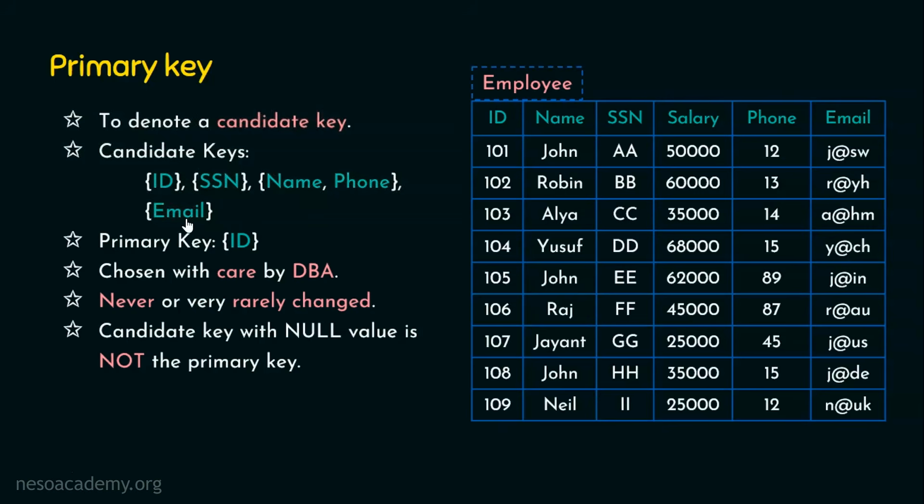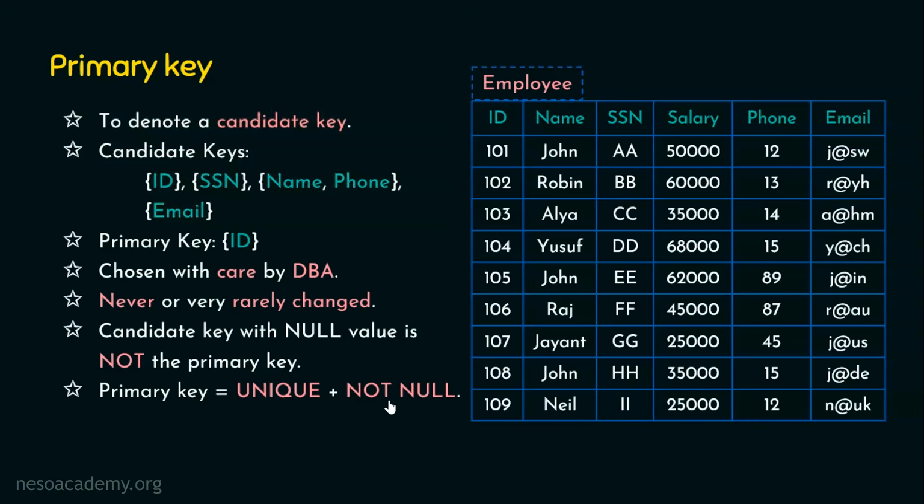At the same time, email also can support null values. So one of the keys in the set of candidate keys is chosen as the primary key, and a candidate key with null values is not the primary key, because a primary key should contain unique values. Also, there should be no null values. Simply, primary key is unique plus not null.